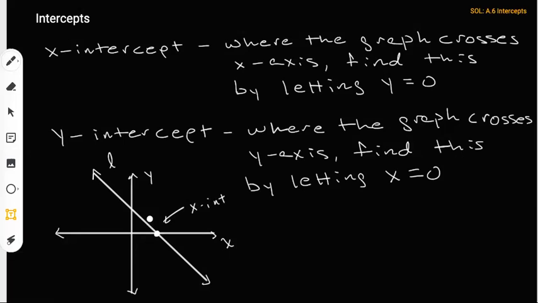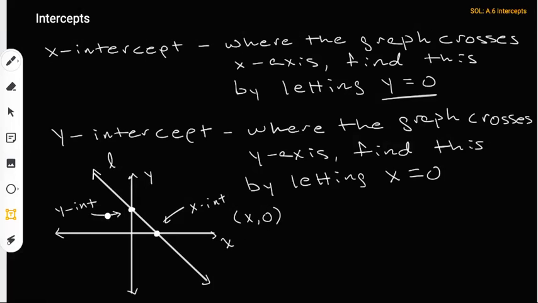But I also know that the line is going to cross here at the y-axis. So this point is called the y-intercept. Now, whenever you find the x-intercept, the y-coordinate is always going to equal 0. So you're going to have the point x comma 0, where x is wherever on the x-axis that the line crosses.